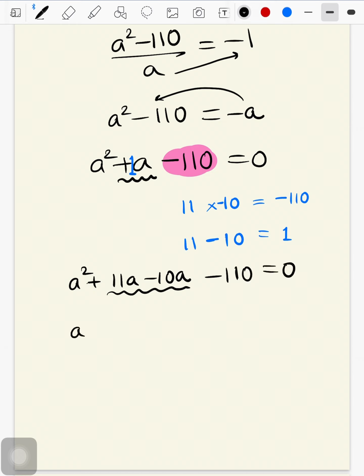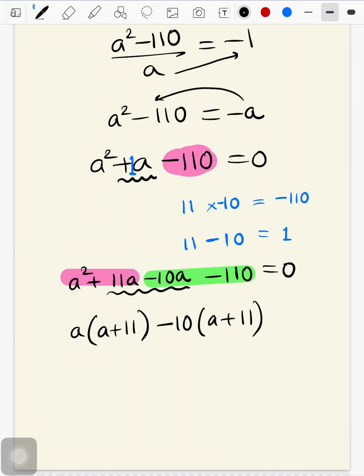Take out common from the first two and then the last two. So a is common, so a plus 11. From the green one, what can I take out common? Minus 10, so it will be a plus 11, because 11 times 10 is 110.